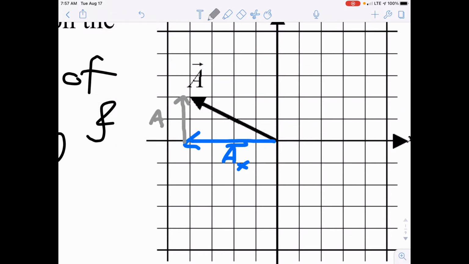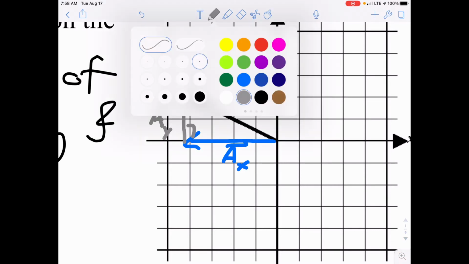That would be A in the y direction, or A sub y. Notice vector components simply complete a right triangle. So right triangle math, right triangle trigonometry, Pythagorean theorem, things of that nature, those are going to be put in play when we talk about vector components.